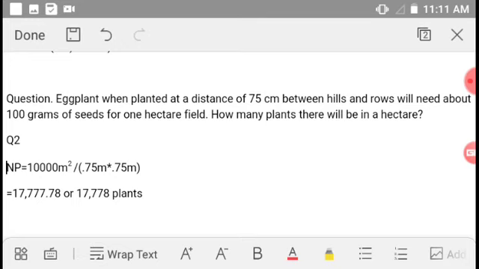Divided by 100 will give us 0.75 meter. So, proceeding in the computation, NP is equal to 10,000 meters squared divided by the product of 0.75 m times 0.75 m. And now will give us how many plants?